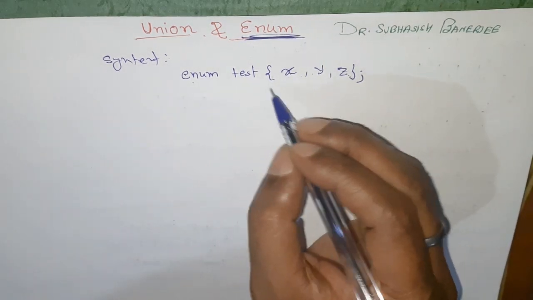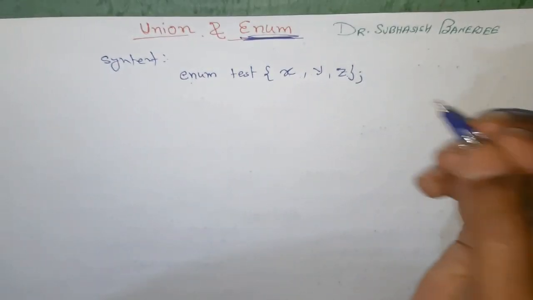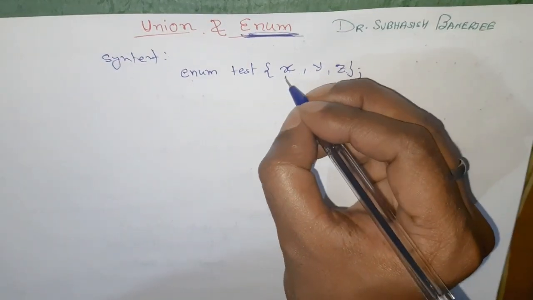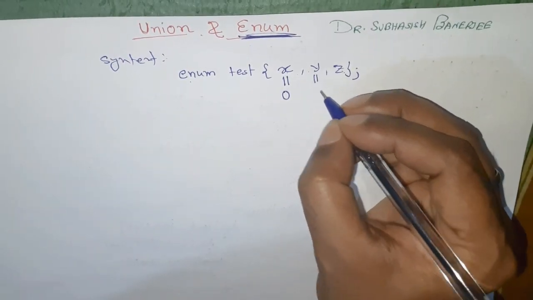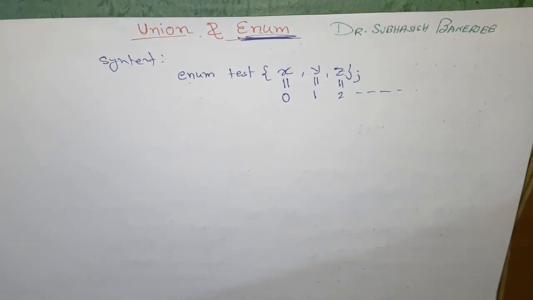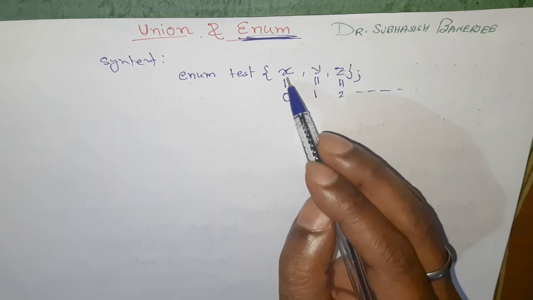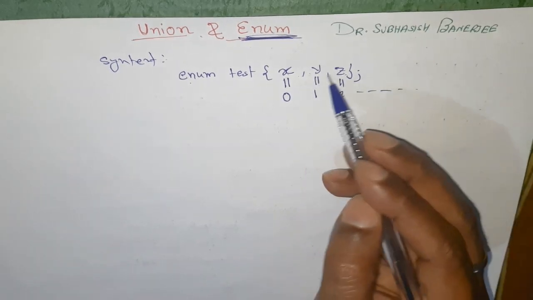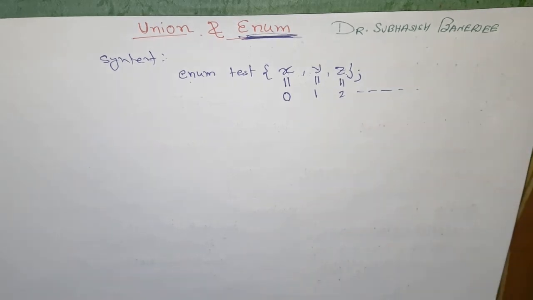So what would be the constant value? If we define the enum in this fashion, the computer by default starts assigning the constant value 0 to the first identifier, next will be 1, next will be 2 and so on. The way we define the list of identifiers, the computer starts assigning the constant value from 0 onwards.